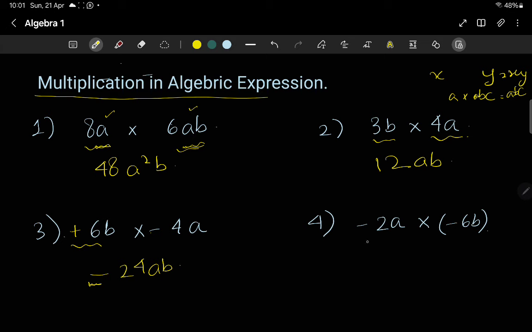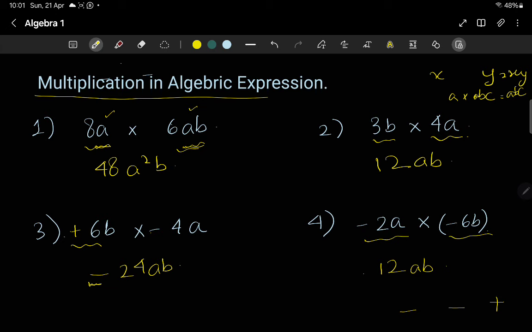In question number 4 we have minus minus plus, but we don't write plus, so 2 times 6 is 12ab. We write a plus sign because minus times minus is plus, since we are doing multiplication.